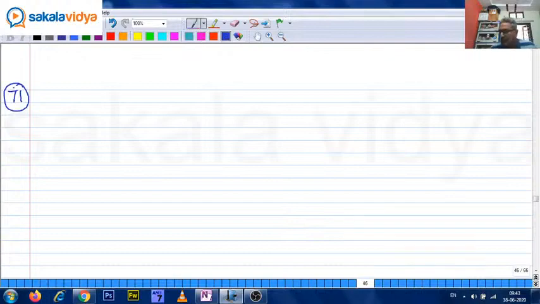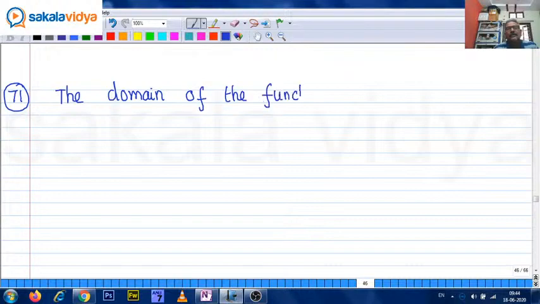Question 71. The domain of the function log base 10 of log base 10 of log base 10 of log base 10 of log x to the base 10 is.